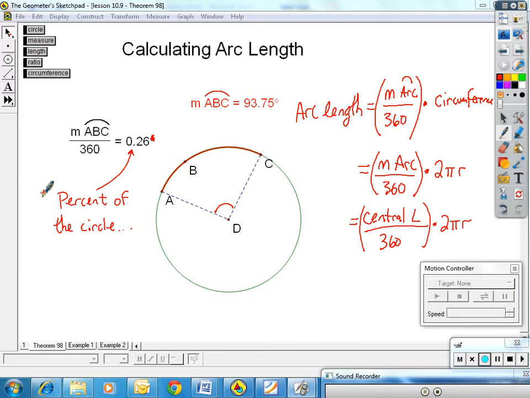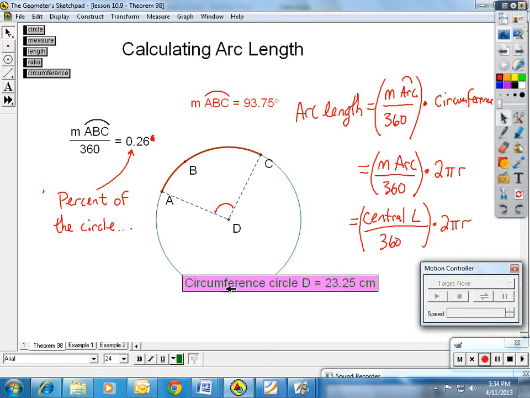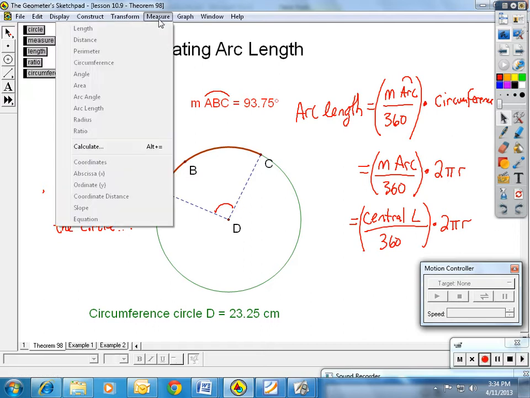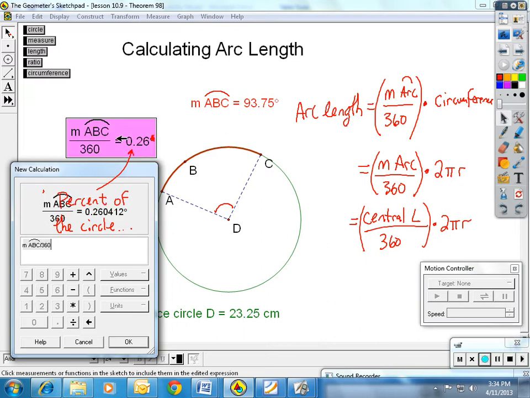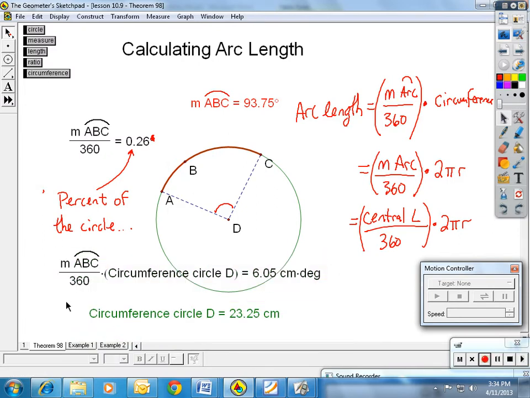So looking at this example here, I have got a circumference. This circle has a circumference of 23.25, and it is 26% of the circle. So I should be able to take that percentage and multiply it by this circumference and get the distance of the arc, 6.05.